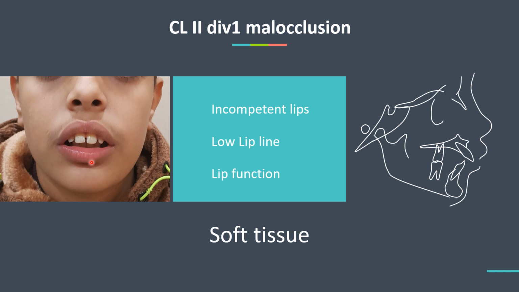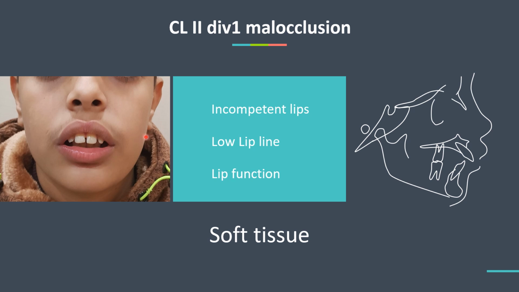When the lower lip functions partly behind the upper central incisor, in this case the Class 2 Division 1 will be worse because of the effect of the skeletal pattern, in addition to the effect of the lower lip on the upper incisors, increasing their proclination and the overjet and worsening the Class 2 Division 1 malocclusion.